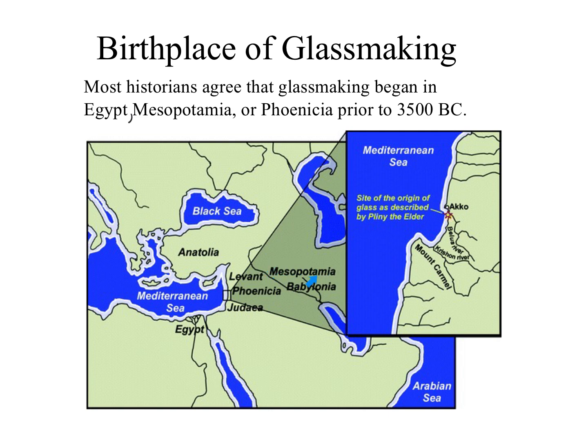There's Mesopotamia here. This is Egypt. Modern day Lebanon is kind of right around in here. And the first kind of site of the origin of glass was described by Pliny the Elder, and it was right here on the beach here.